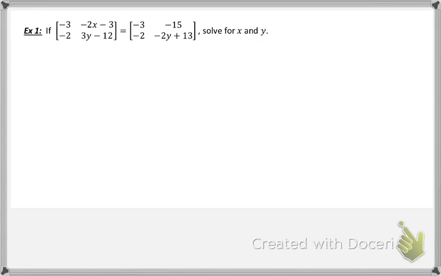Okay, so now let's look at example 1. If I have two matrices, and they're both the same dimension, right? I have a 2 by 2 matrix and a 2 by 2 matrix. Two matrices that are equal to each other.